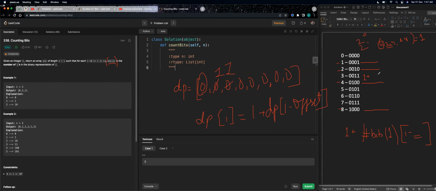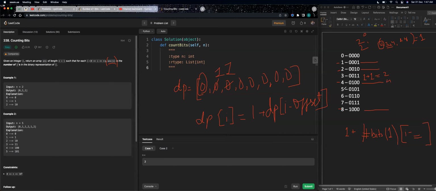I know this is kind of confusing right now, but it would start to make sense when we move to these examples. It would be 1 plus the value of dp at i, that is 3, minus the recent offset 2. That means we have to go here and add 1, that means 2. For 4, as we know, this is a power of 2, our new offset value will be 4.